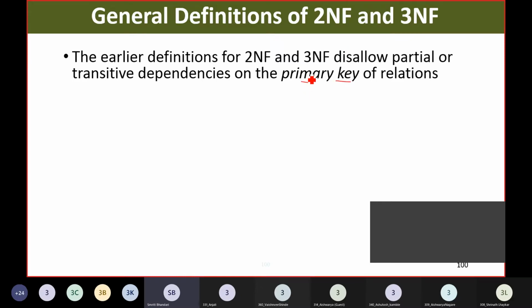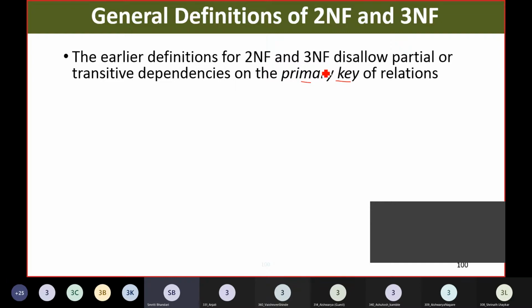So in our definitions, we said that no non-primary key attribute. We considered only the primary key for partial or transitive dependencies.